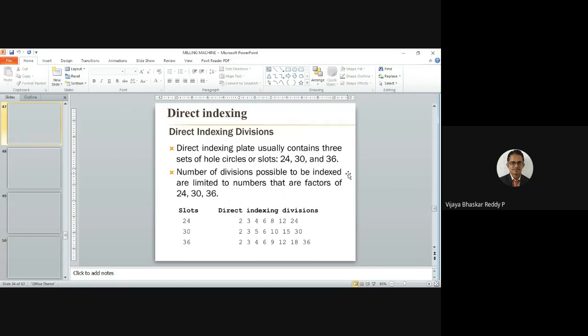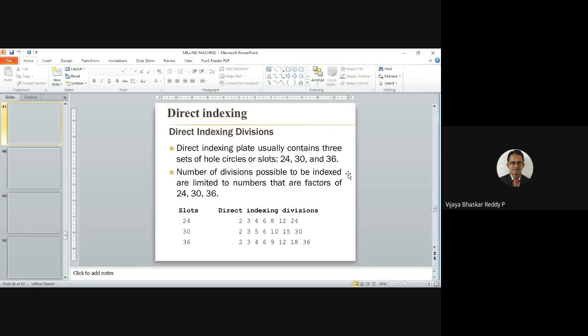So this is direct indexing. There are different plates: 24-hole plates, circle plates, maybe 30 holes, maybe 36 holes, but we are familiarly using the 24 holes.